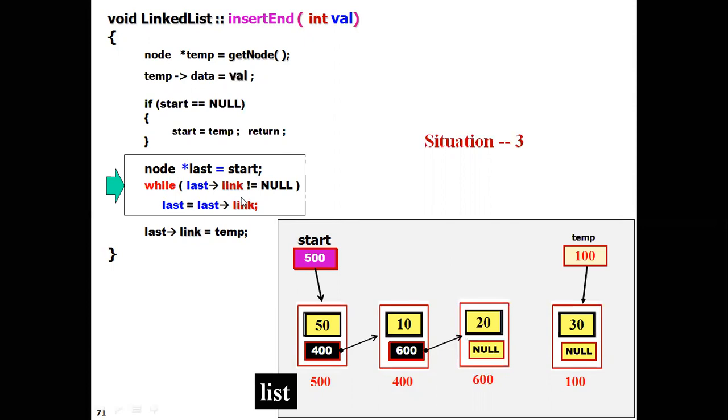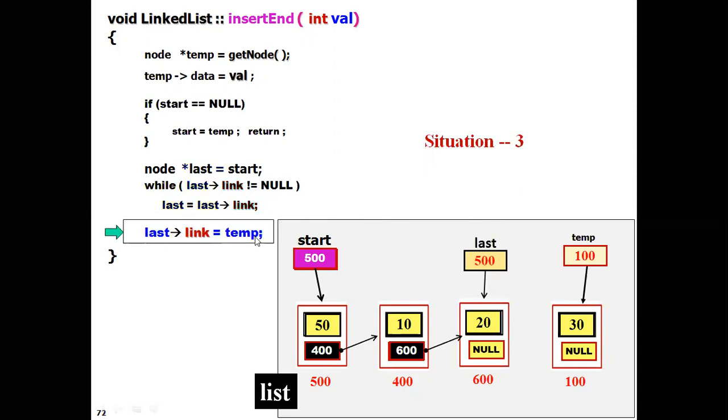We have already traced this in the beginning. First, last will be pointing to the first node, then it keeps on moving till it encounters the last node. So at the end of this code, last will be pointing to the last node. Then it goes to the last line, where you create the link between this node and the new node: last arrow link equal to temp.